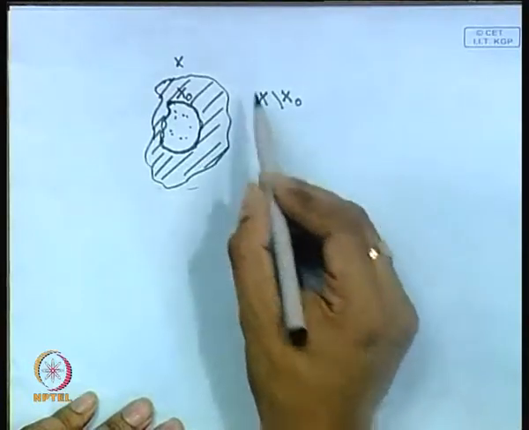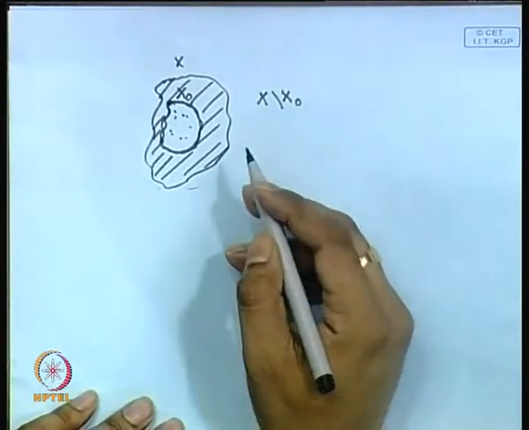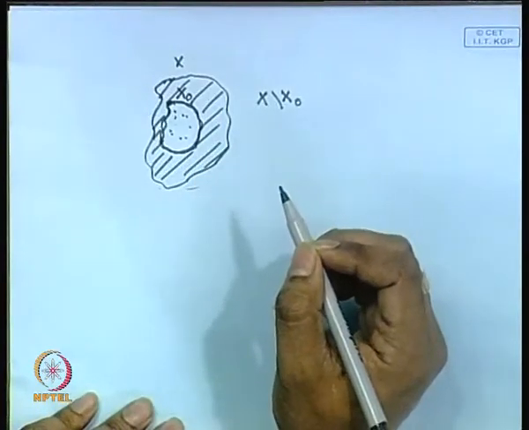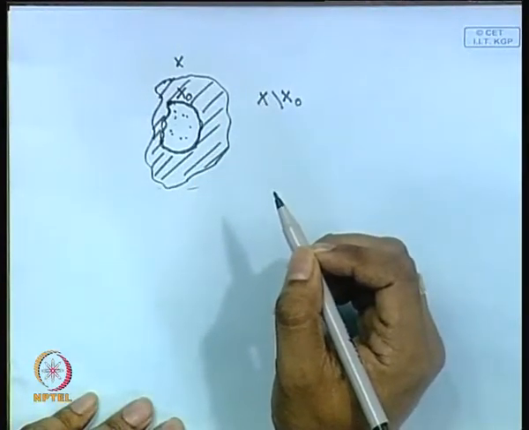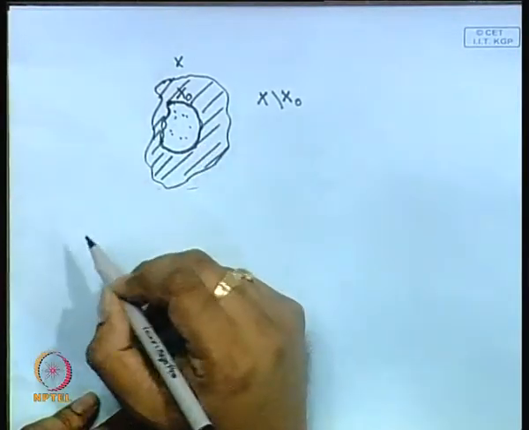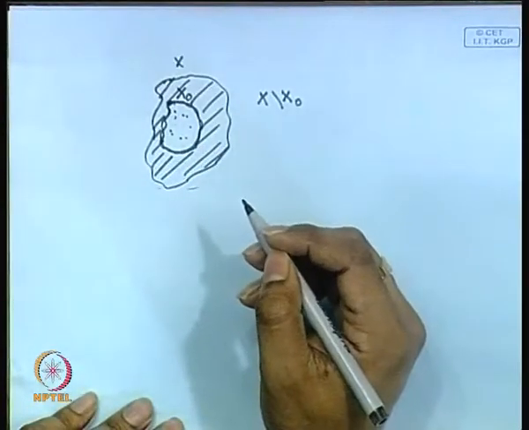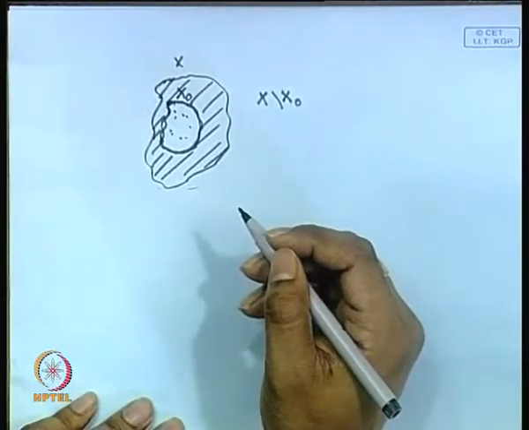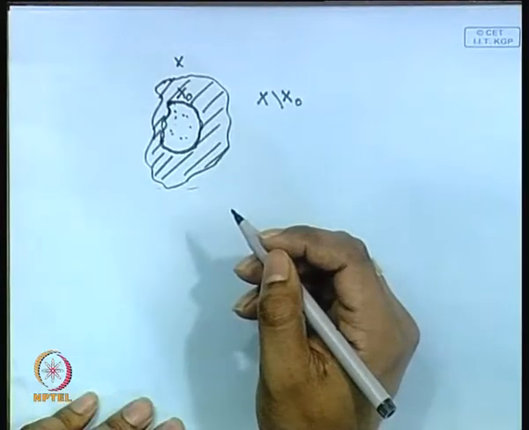Before you started any computation, what is the probability of any hash output occurring? It is 1 by m, because m is the range size. Even after computing this X naught, which is a conditional probability actually, your probability still stays 1 by m, right? You are not able to compute with any better probability.